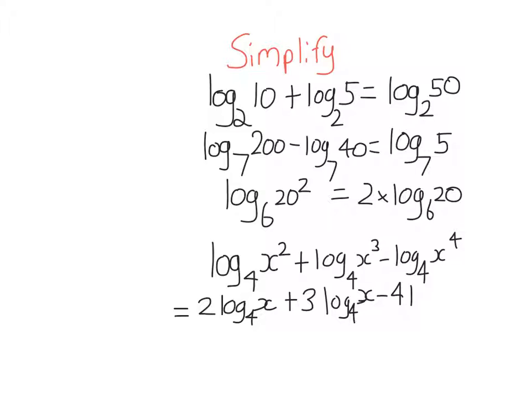So then I'm left with something that looks like this. Now, log base 4 of x is sort of a like term in each of these. So if I have 2 lots of them, add 3 lots of them, and then subtract 4 lots of them, then I end up with 1 lot. Because 2 plus 3 minus 4 is just 1. So that just equals log base 4 of x.